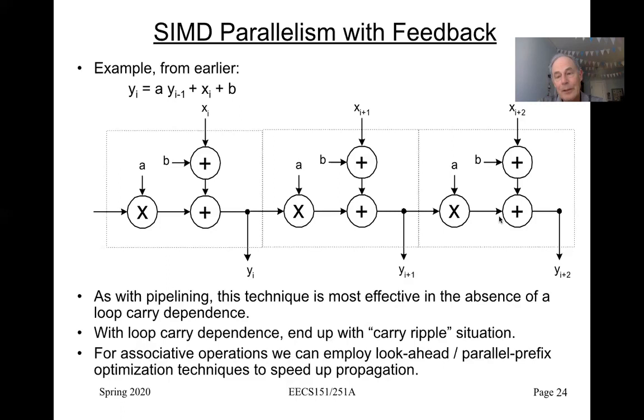Remember, we talked about if operators are associative, then we can do a tree way to do a reduction. You can think of this as sort of a reduction, and we can use a tree to speed it up. We'll talk about that later. So we can do something about this loop carry dependence and the long combinational path delay it creates, but that'll be for some other time.